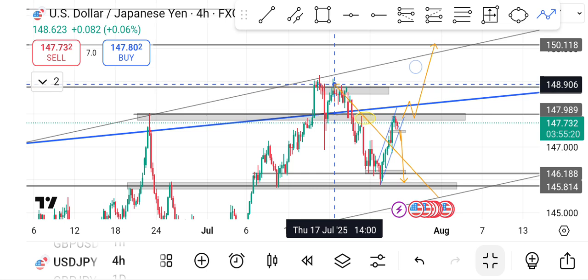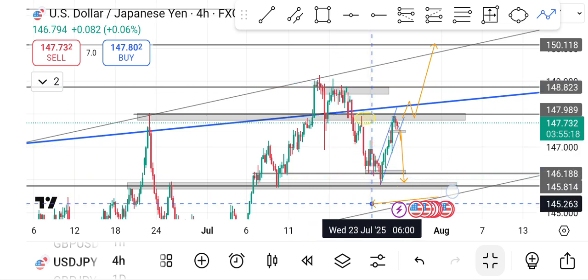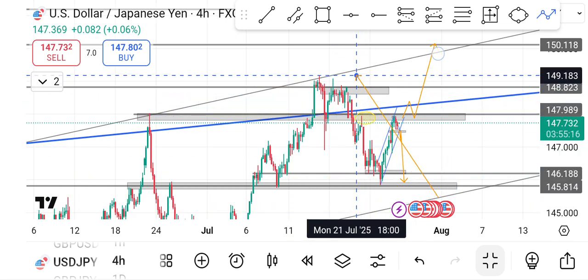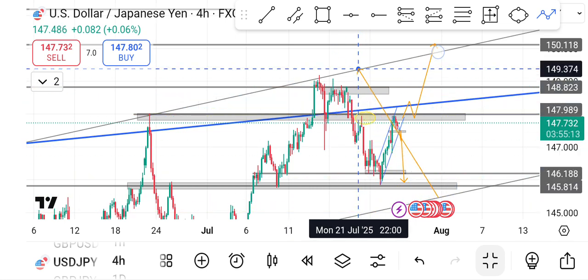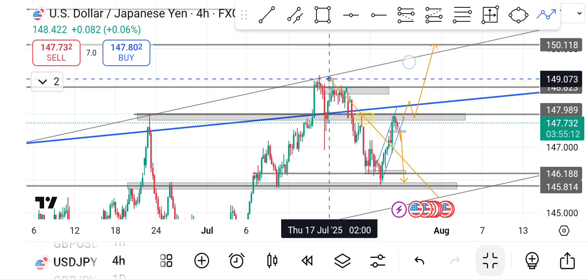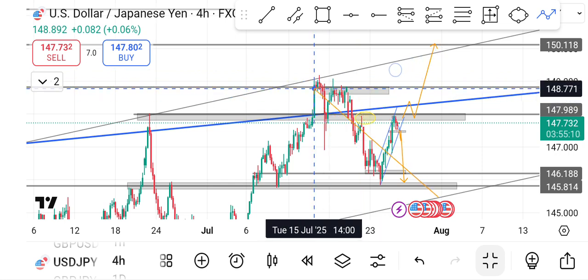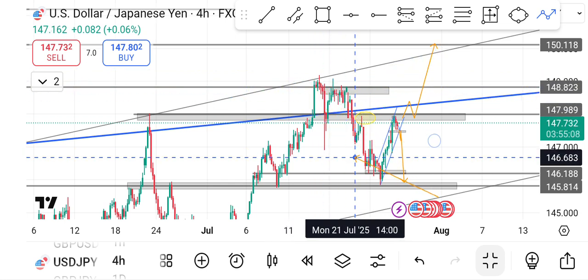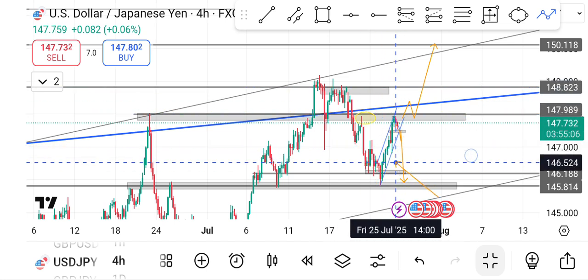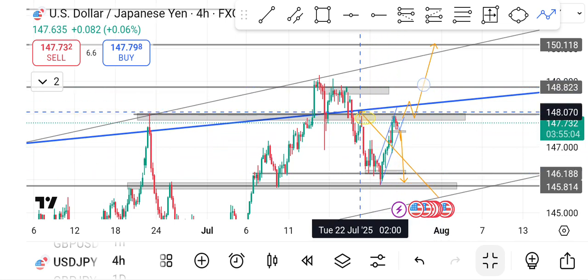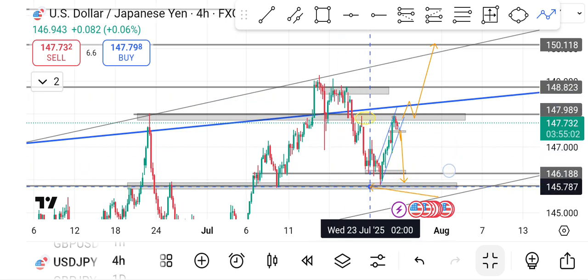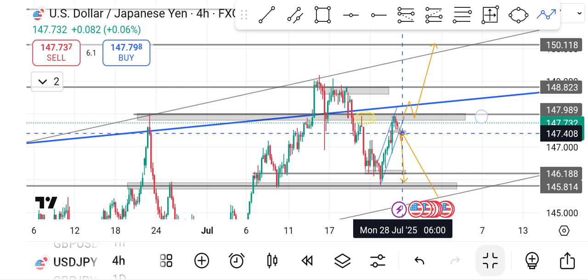This resistance is on this 4 hour time frame. This is the support trend line, this is the resistance trend line on the new trend on the 4 hour time frame, right? You can see once it broke above, then it tapped that trend line, then it came back down. So you can see that price is respecting this trend a lot. So it just came to tap on this support area, right? Then started going up again.